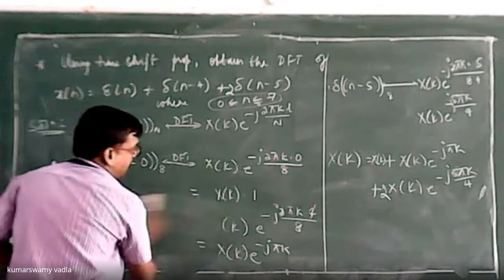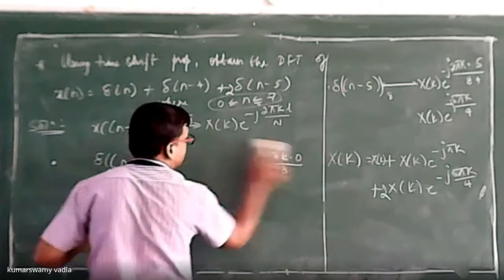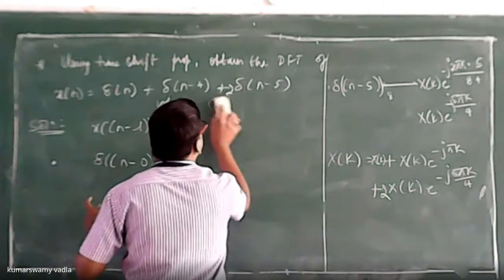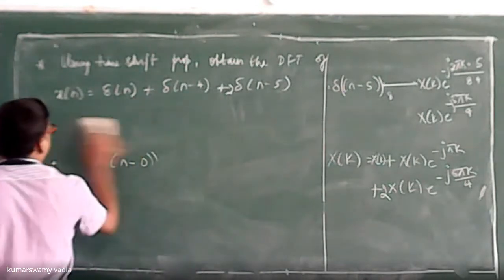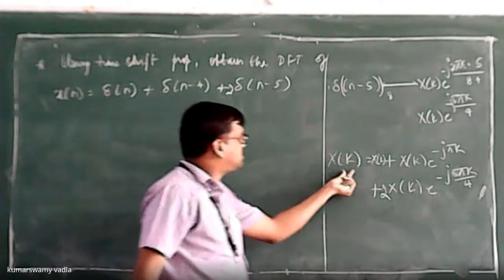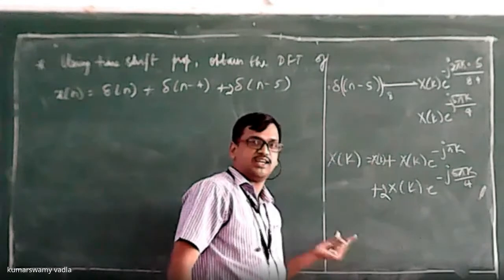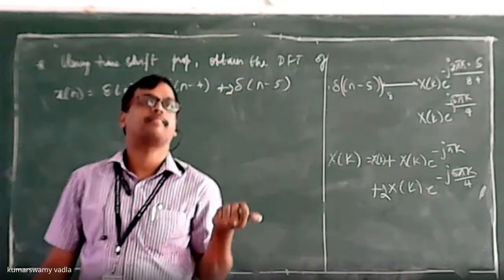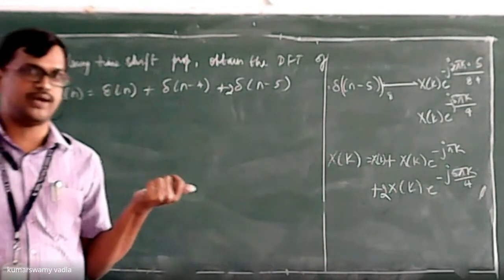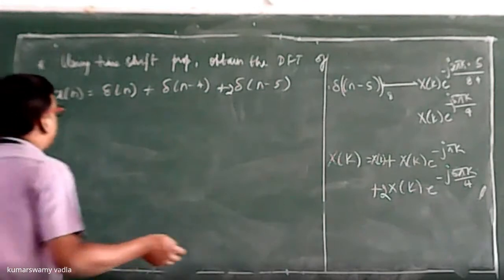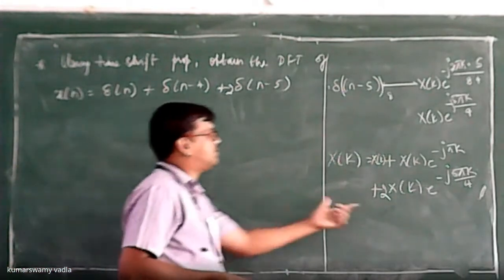Okay. Now, the next point is that I should put the values of k in this equation from 0 to 7. Yes or no? Why should I put 0 to 7 here to find out the values?